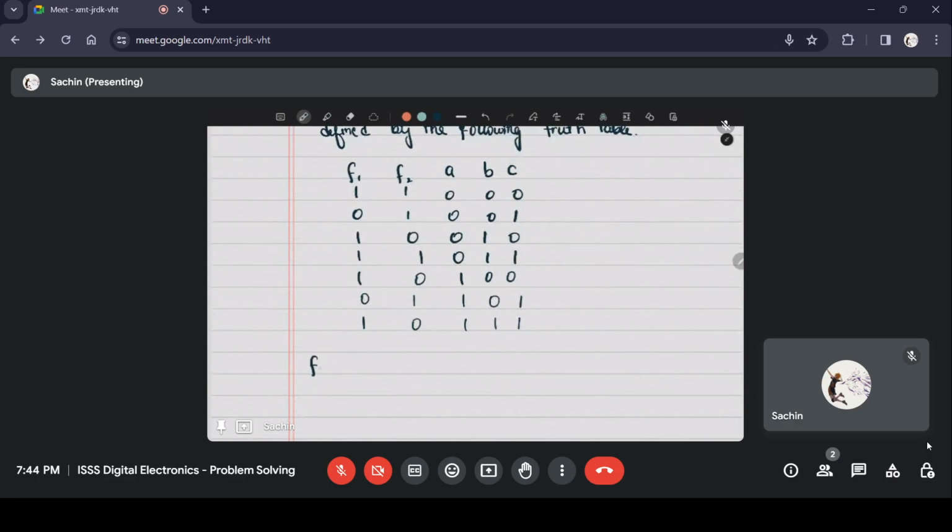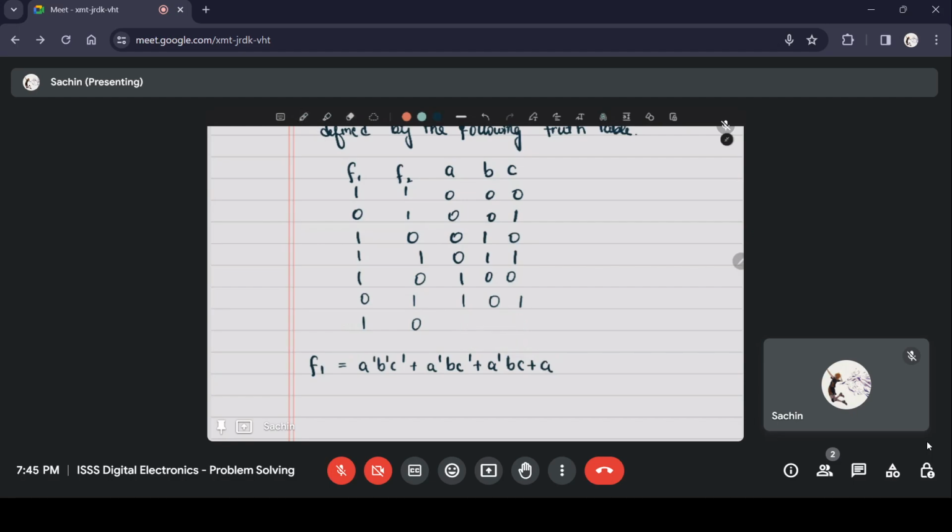Okay, F1 is A prime B prime C prime plus A prime B C prime plus A prime B C plus... so the combination 1 1 0 is not there.